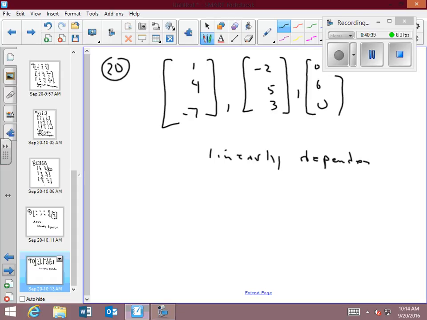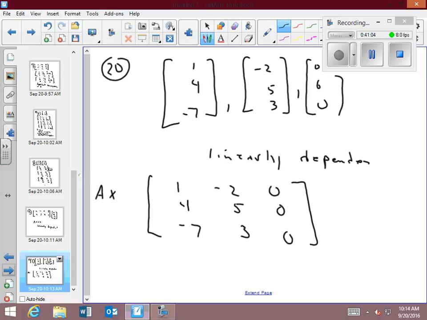The reason it's going to be that way is because when you do your AX, you aren't going to be able to get a diagonal of pivot points on every row, because this has to be x1, x2, x3.